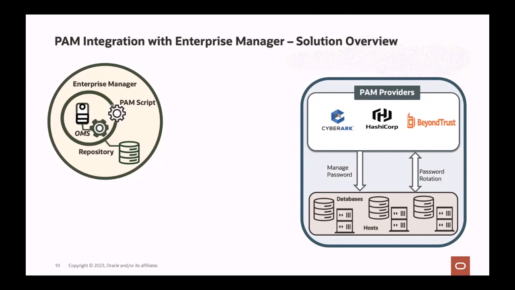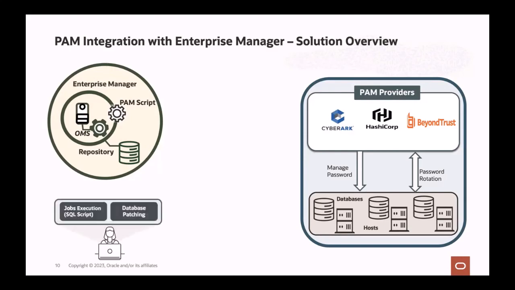So when EM requires the credential for database or host to perform any underlying workflow such as database patching or running a job, the credential framework comes into play. The credential framework interacts with the external PAM provider, leveraging the integration script that is registered with the PAM attributes, and the framework retrieves the password.